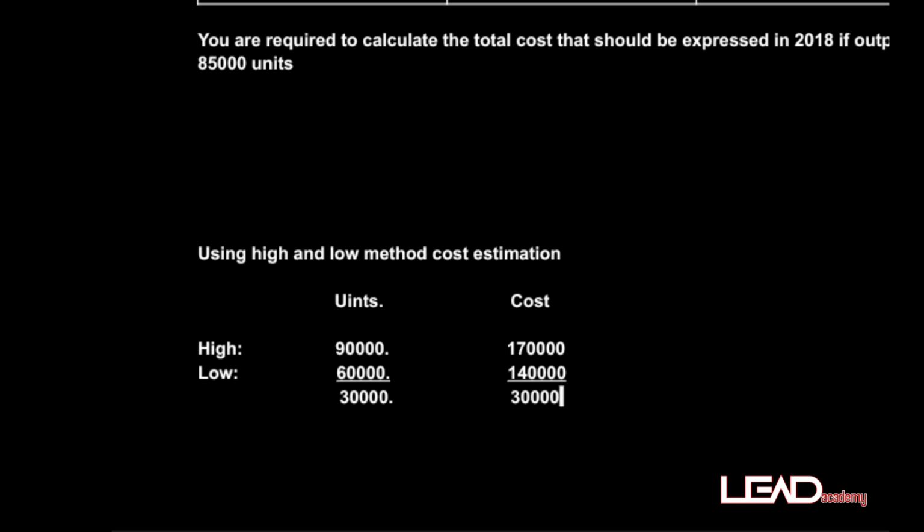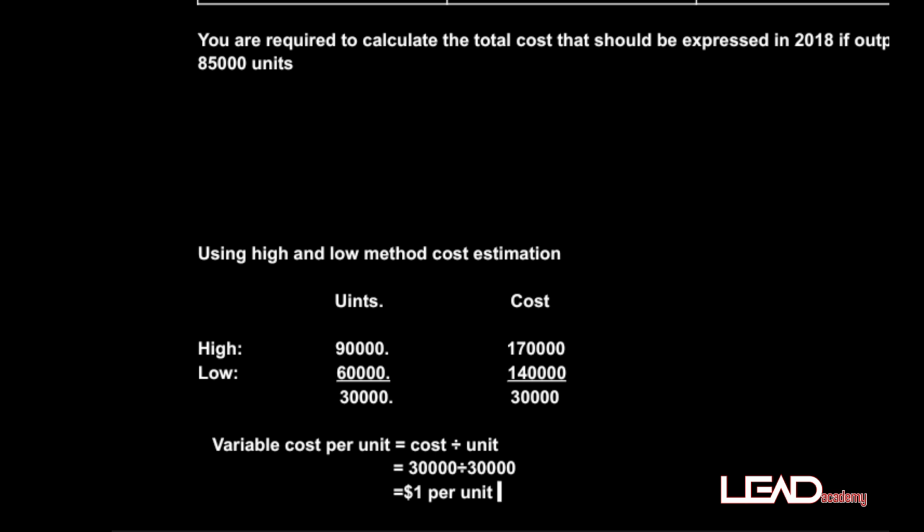If you subtract the two, you have $30,000. So to get your variable cost, the result was 30,000 units and $30,000, so $30,000 divided by 30,000 units. Once you divide it, you have $1 per unit, which is our variable cost per unit.